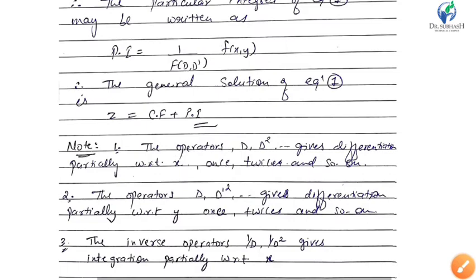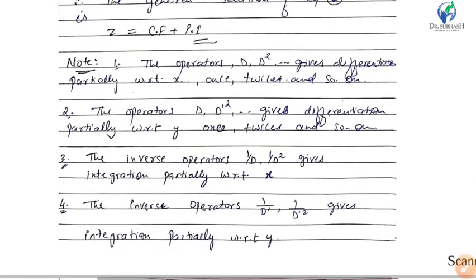Now we'll see once quickly what the notations are. The D square notation gives the partial differentiation with respect to x. The operator D dash square gives the differentiation partially with respect to y.